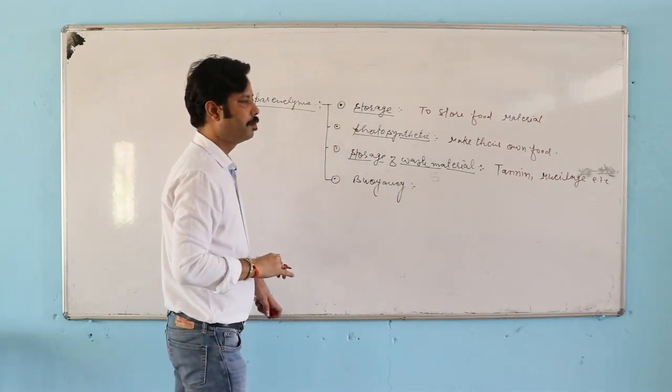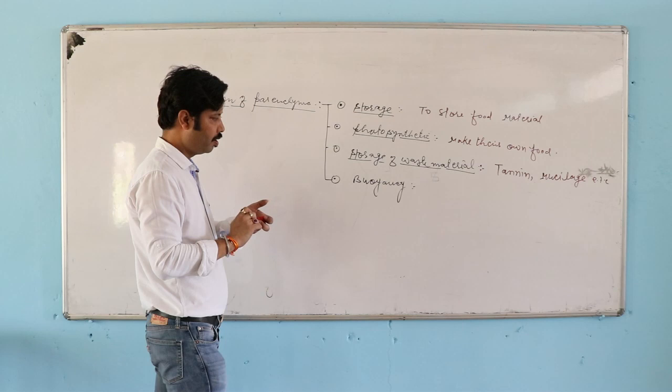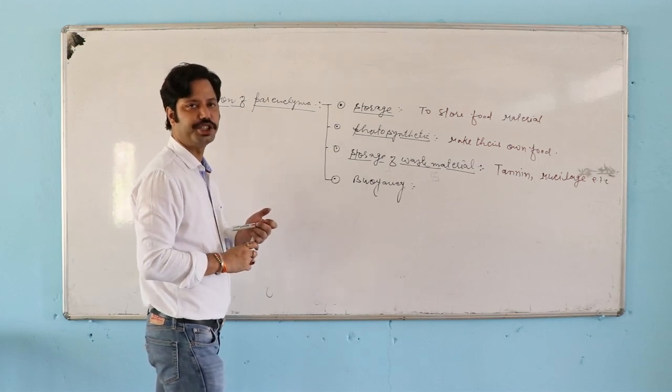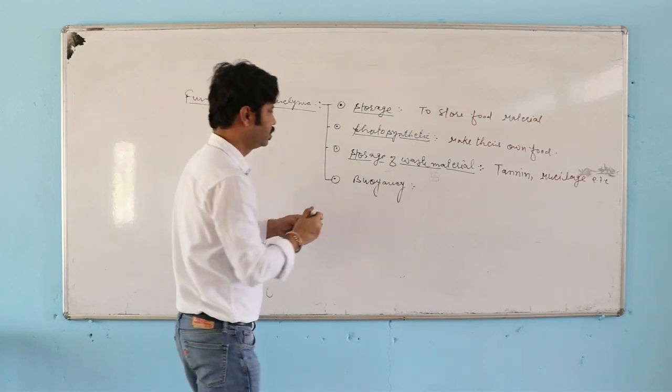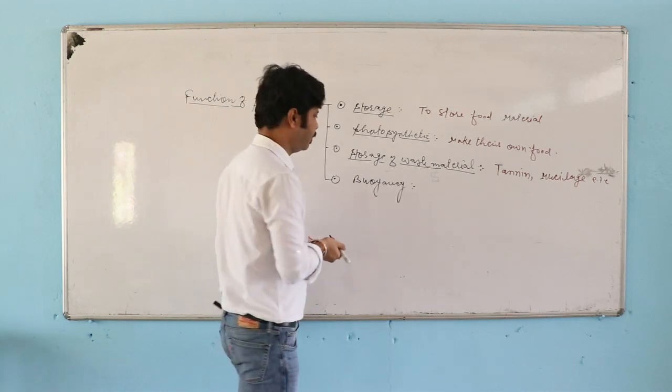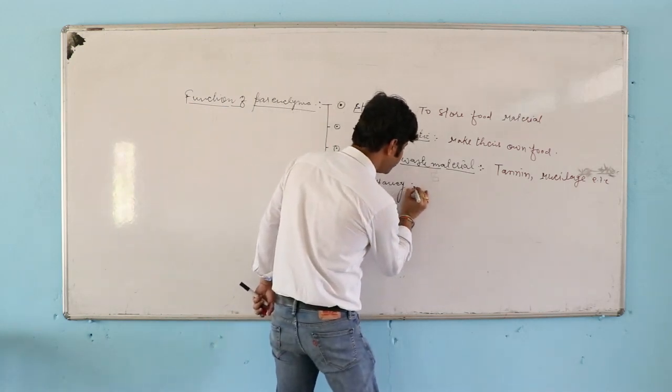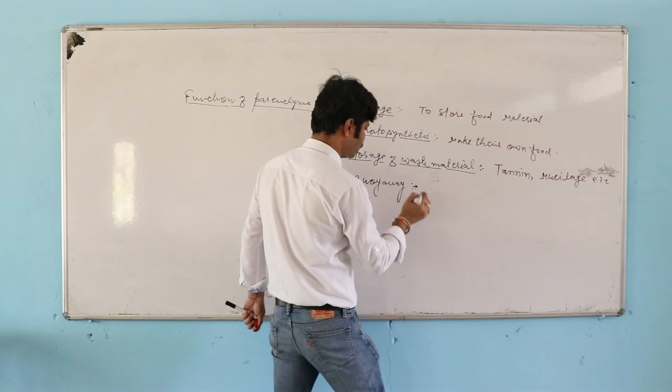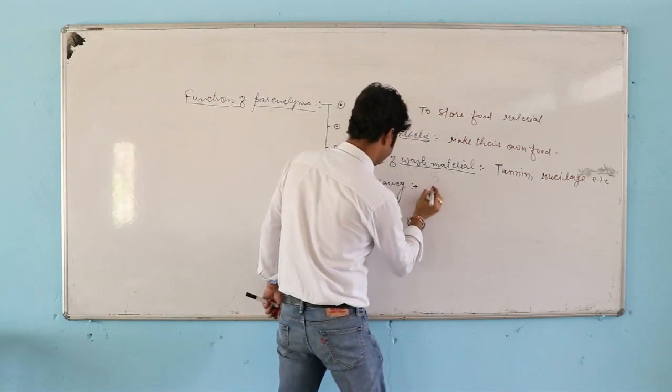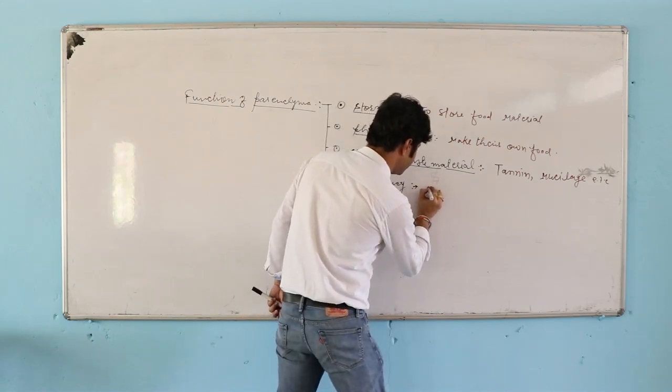Some of the parenchymatous cells provide the floating nature of hydrophytic plants.